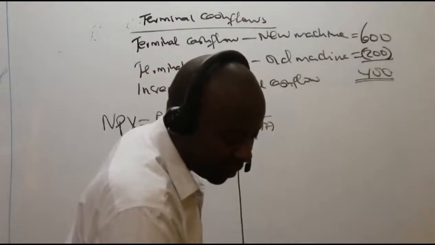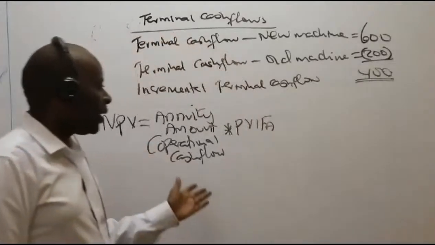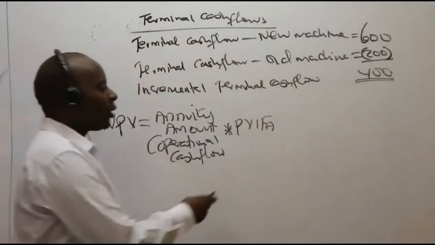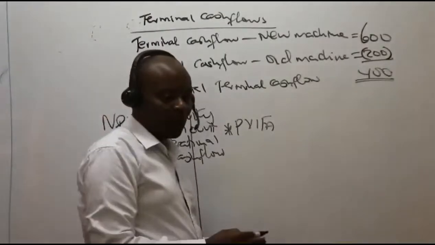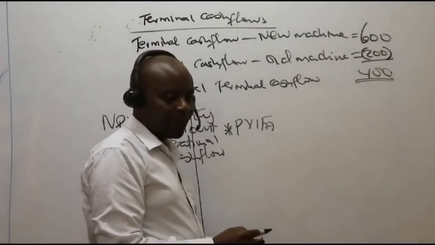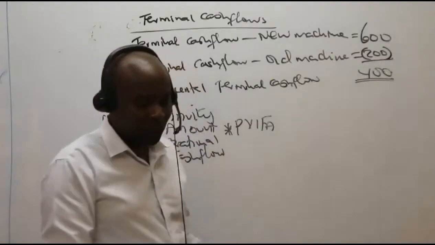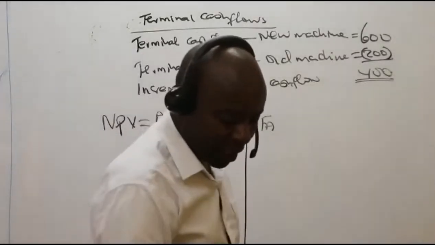At what cost of capital? Are you able to see a cost of capital there? What is the cost of capital? At times they will call it required rate of return.